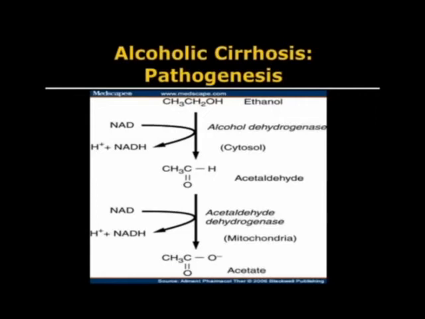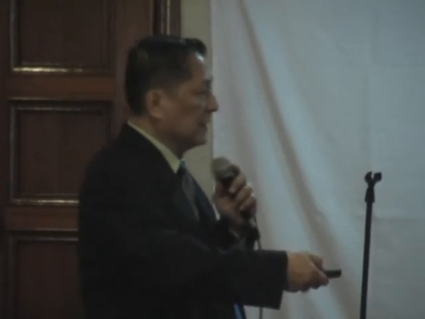Acetaldehyde is ultimately converted by acetaldehyde dehydrogenase to acetate. But acetaldehyde is a terror. Highly disturbing, and it will create all the problems in the liver. So from alcohol to acetaldehyde, that is where the center of the problem is. Okay?